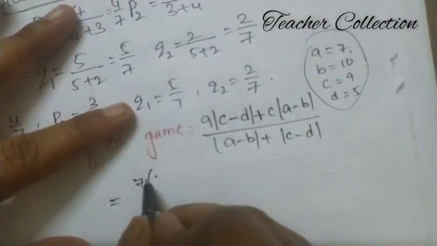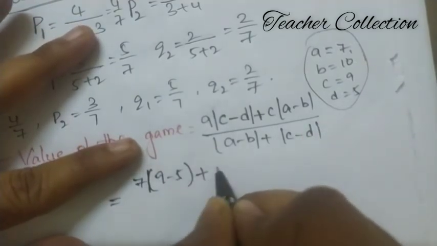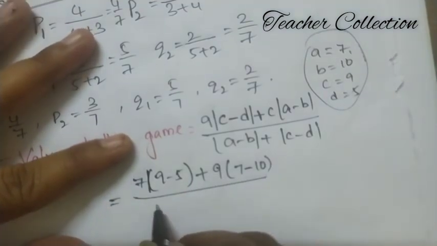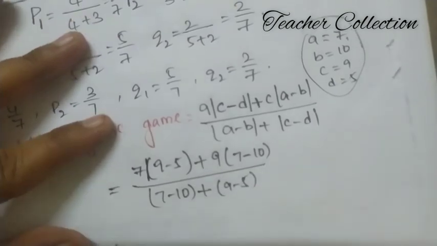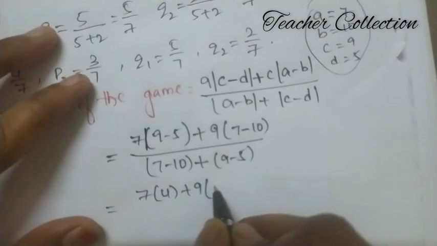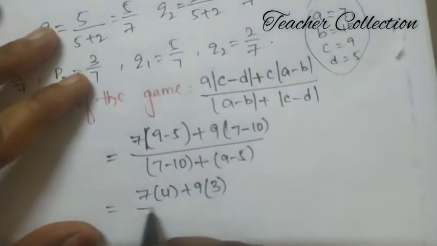7 into (9 minus 5) plus 9 into (7 minus 10) by (7 minus 10 plus 9 minus 5). 7 into 4 plus 9 into (7 minus 10 is 3). Minus 3 we will get, but here mod is there, so it will be positive.